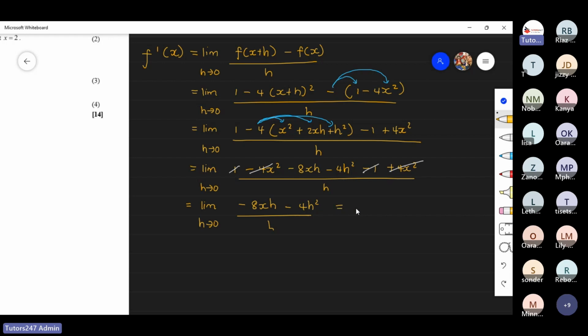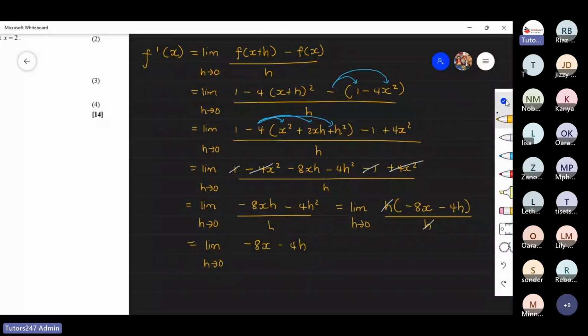So we bring down the limit as h approaches 0, remove our common factor, and we will be left with negative 8x minus 4h all over h. From here, we can see that h cancels out h, and we will be left with the limit as h approaches 0 of negative 8x minus 4h.